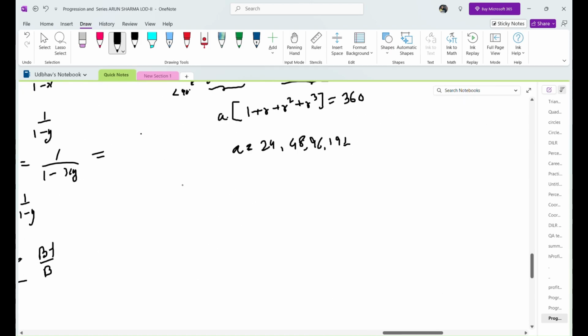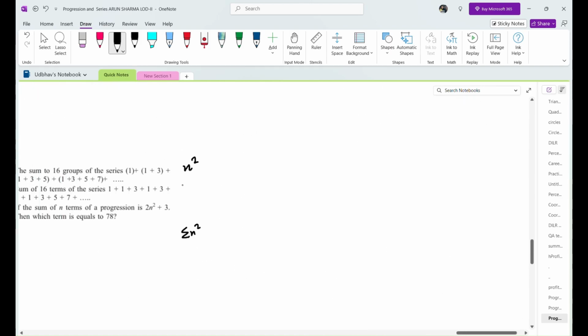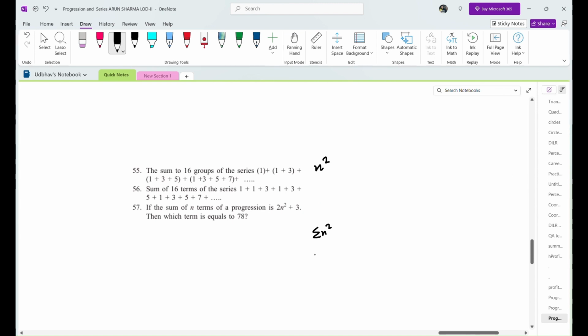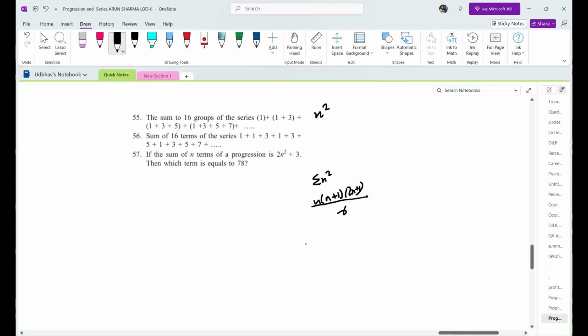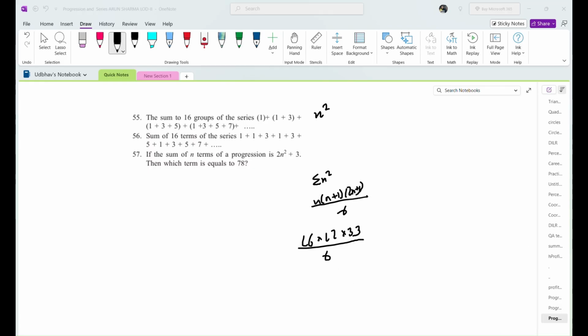Sigma n square is this. So that will just be n into n plus 1 into 2n plus 1 upon 6, and we have to find for 16 groups. So we can just put n equals 16 here. 16 into 17 into 33 upon 6. We get 1496.